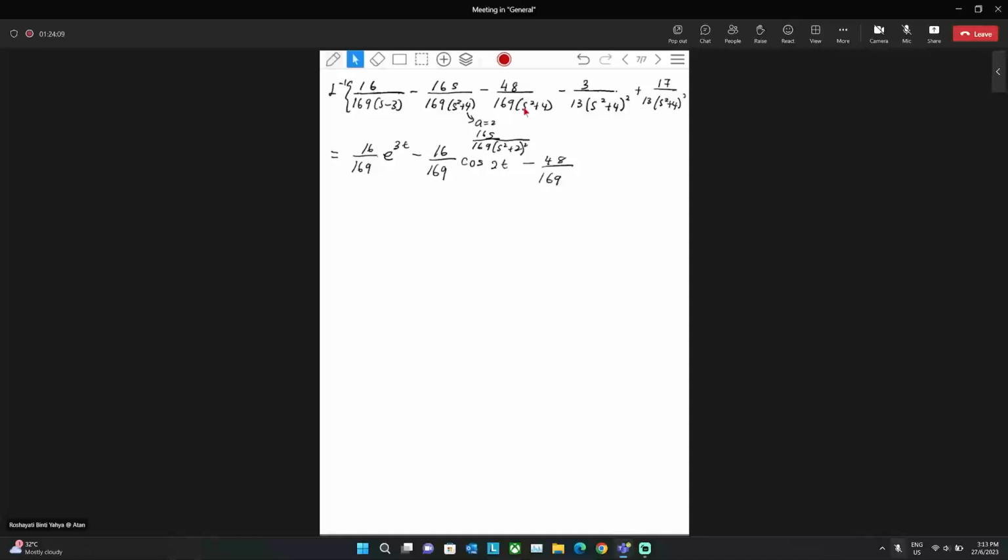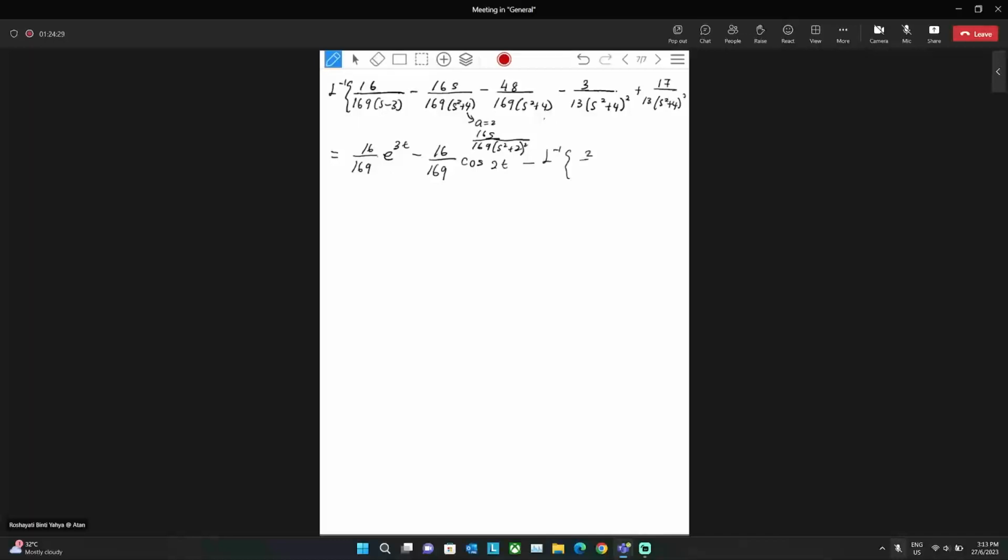For this part we cannot solve straight away. You need to modify. How to modify? Inverse Laplace transform, times 2.